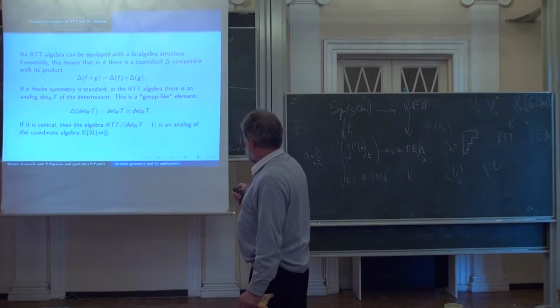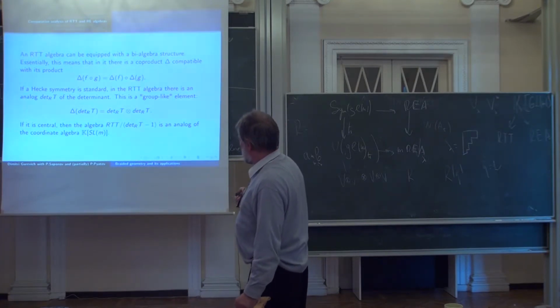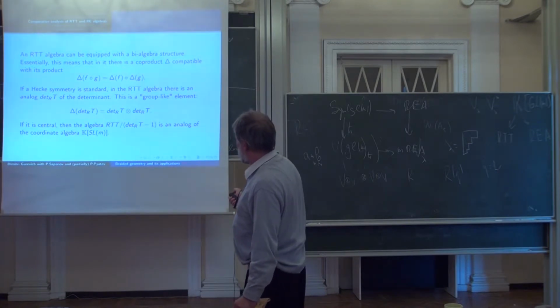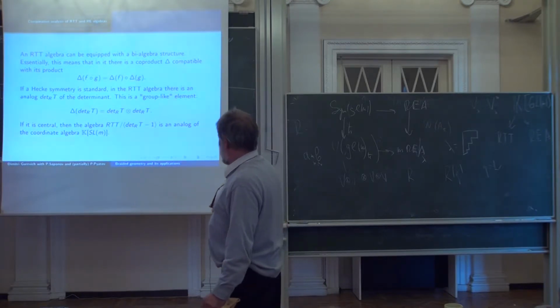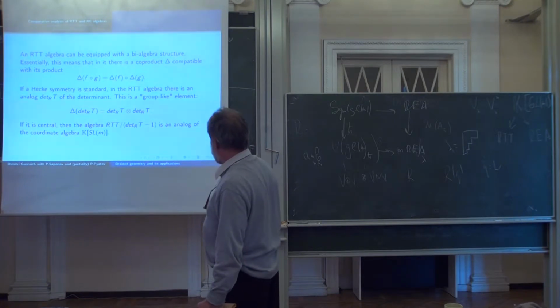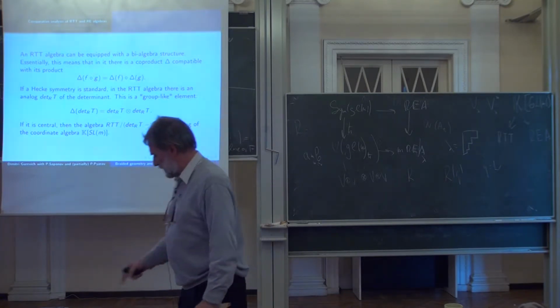You know well that the RTT algebra is a Hopf algebra, but it is not Hopf if we have no antipode. I will use the term bi-algebra. And here we have a group-like element, which is called the determinant.